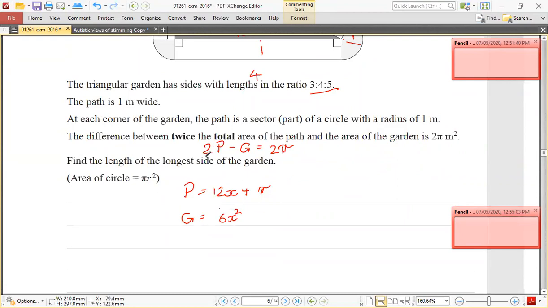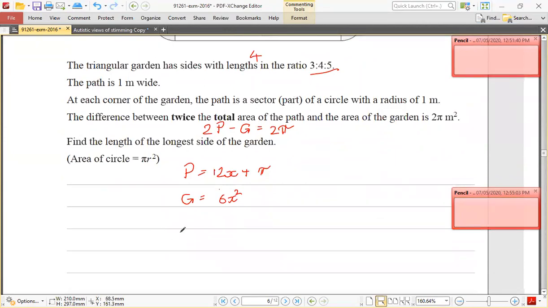Now, we need to find whether twice p minus g equals 2 pi. This is where we're going to go 2 times 12x plus pi, minus 6x squared equals 2 pi.